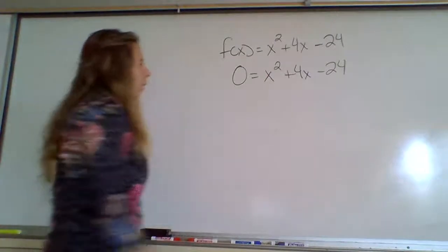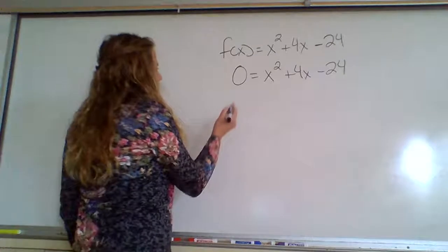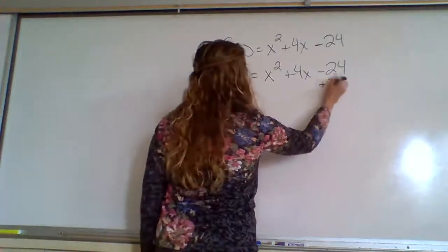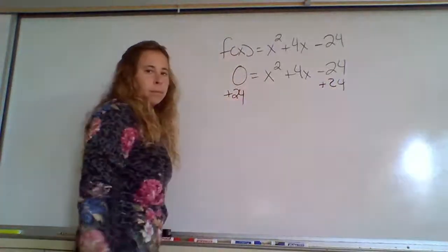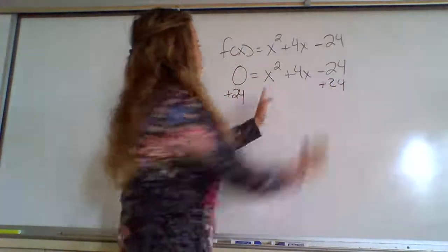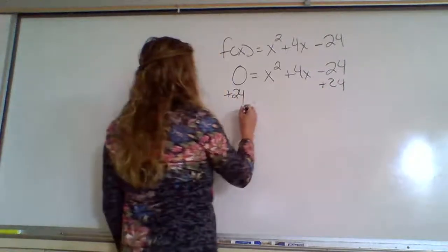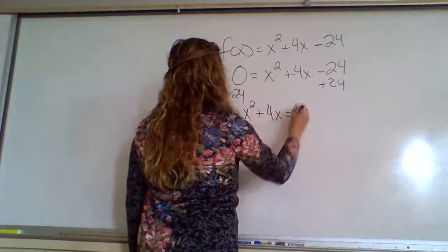I'll complete the square. All right, so I'm going to move C over, so I'm going to add 24 to both sides. You don't have to. If you want to do it all on one side, you can. I just like this better. So I'm going to have x squared plus 4x equals 24.